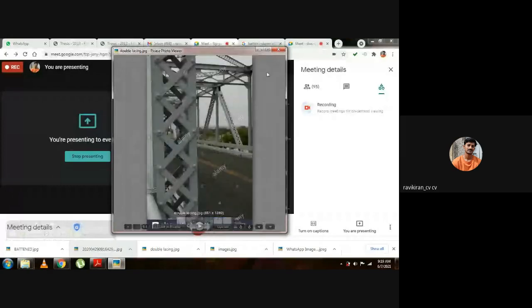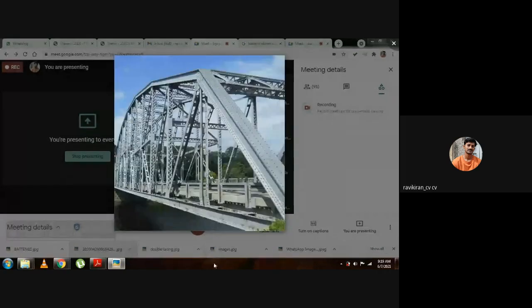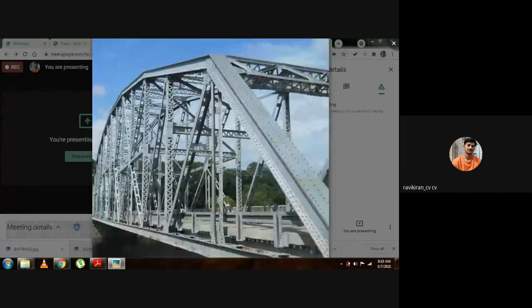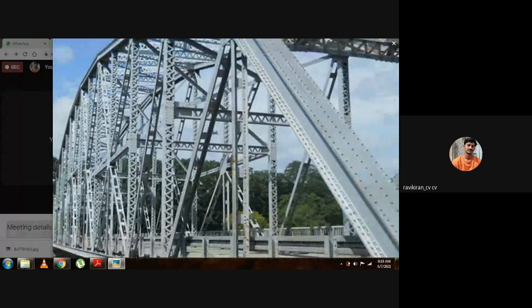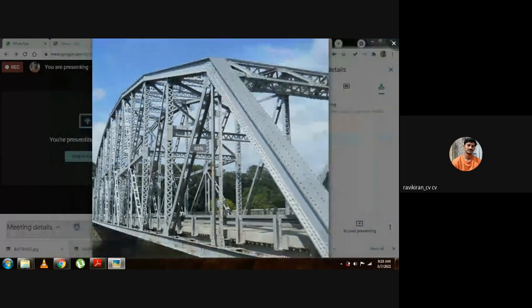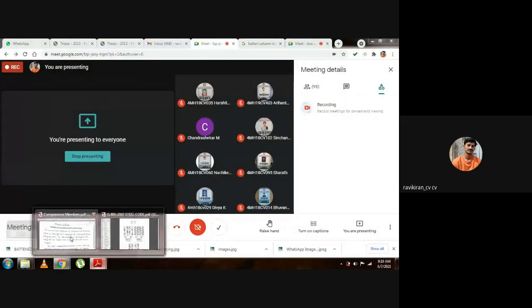And next, these are some examples of laced columns in general. See, it is a bridge truss constructed on the bridge. See, this is also the same way. Single lacing system is used here. If you look closely, see here, single lacing system is used. So let us take one problem for your better understanding.